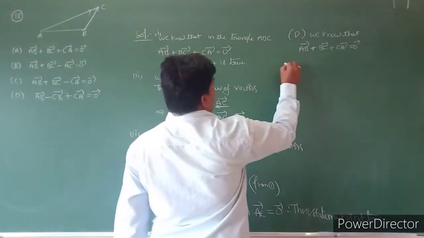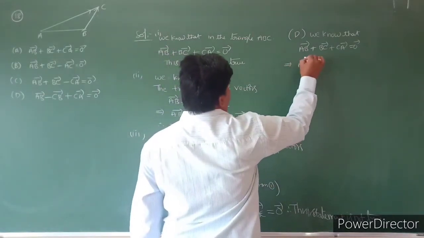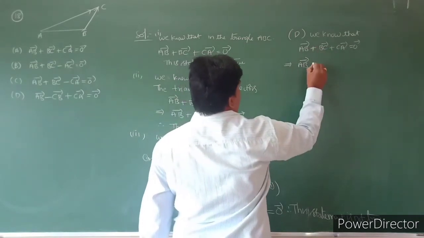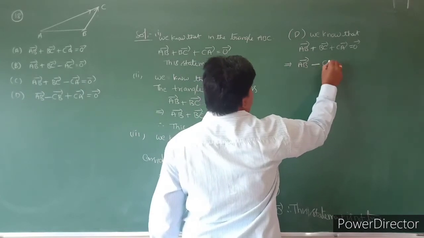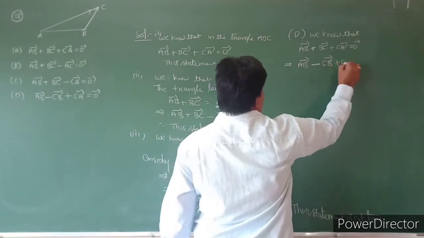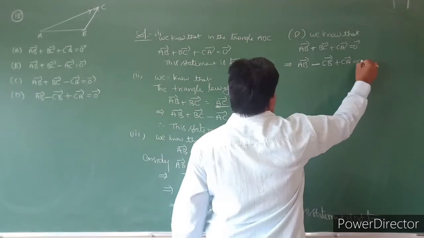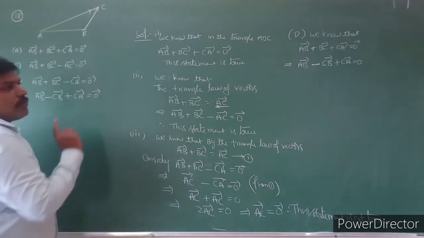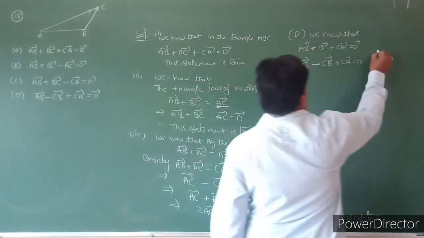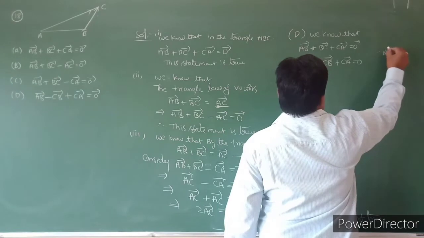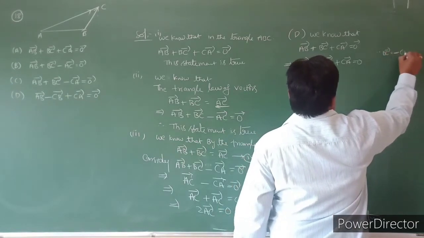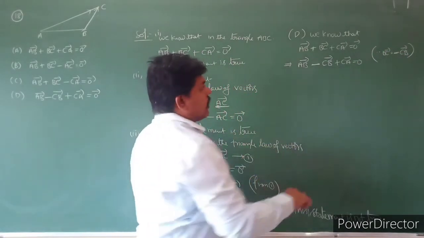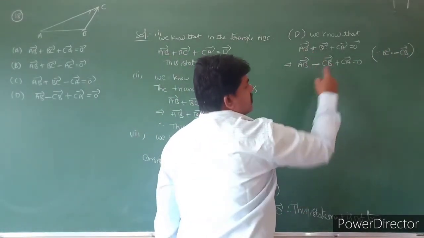That implies AB bar, if you change the direction of BC bar, then automatically it will become minus CB bar plus CA bar is equal to 0. AB bar minus CB bar plus CA bar is equal to 0. Why? Because BC bar is equal to minus CB bar. If you change the direction, you will get the minus.